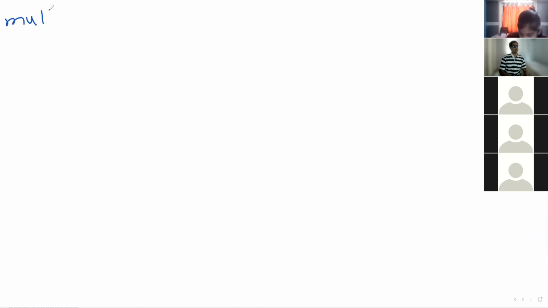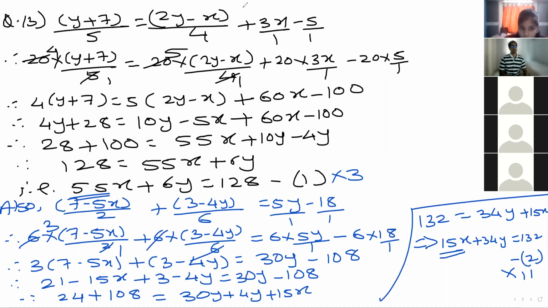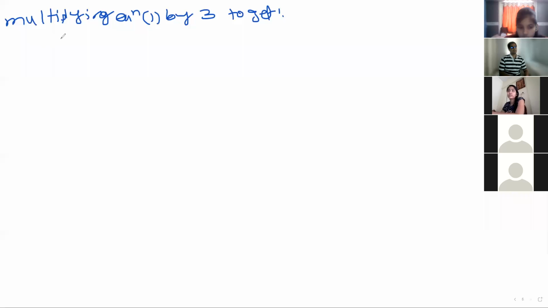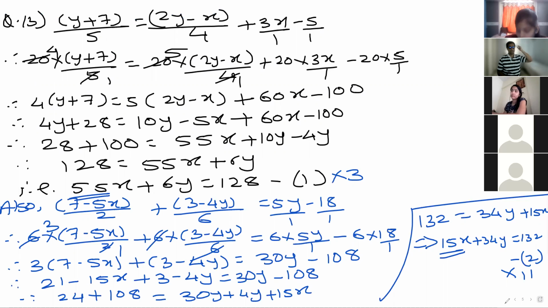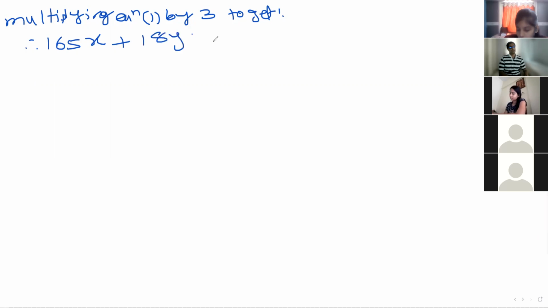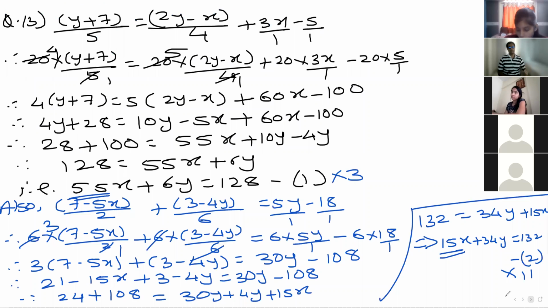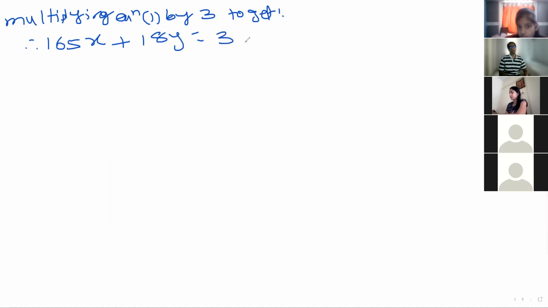Write down, multiplying equation 1 by 3 to get 165x plus 6 threes are 18y is equal to 128 into 3 is 384. This is equation 3.